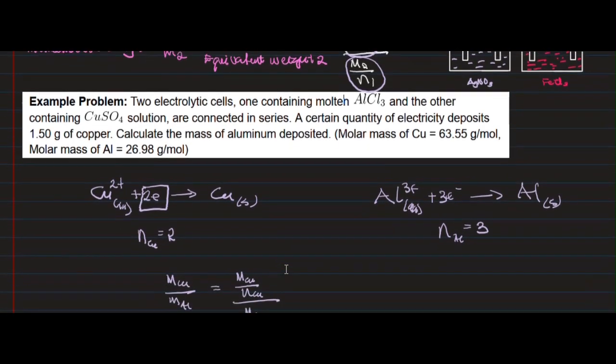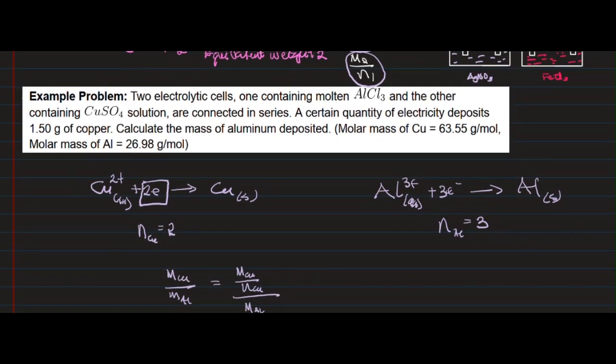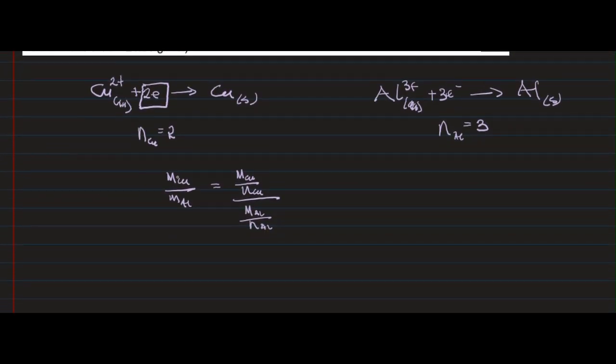So the first substance in this case is copper. Anyone can be your first substance, so it can be aluminum divided by copper, and then you put the equivalent weight of aluminum on top and that of copper down. Any of these two ways can be adopted. So let me change it, and we can do it this way.